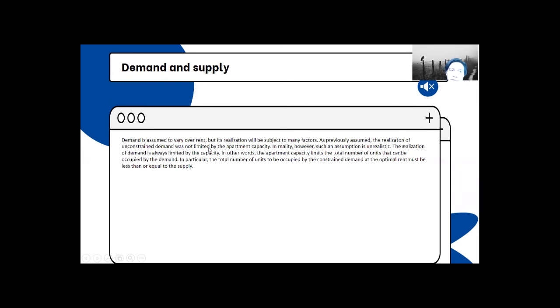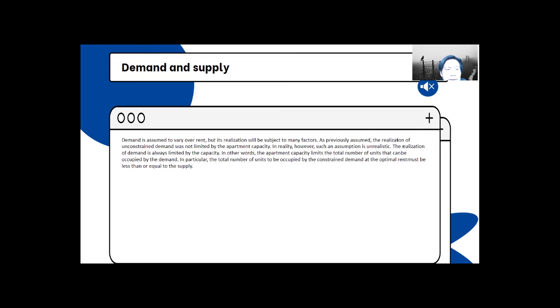And next, demand and supply. Demand is assumed to vary over rent, but its realization will be subject to many factors. As previously assumed, the relationship of unconstrained demand was not limited by the apartment capacity. In reality, however, such an assumption is unrealistic.